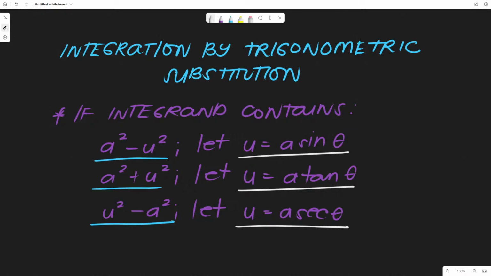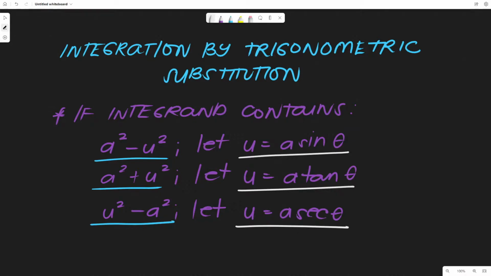We are going to look at how the integrand is formed. It says here, if the integrand contains a squared minus u squared, where a is a constant and u is a differentiable function of x, then let u be equal to a sine theta. So from x, we will be integrating in terms of theta.